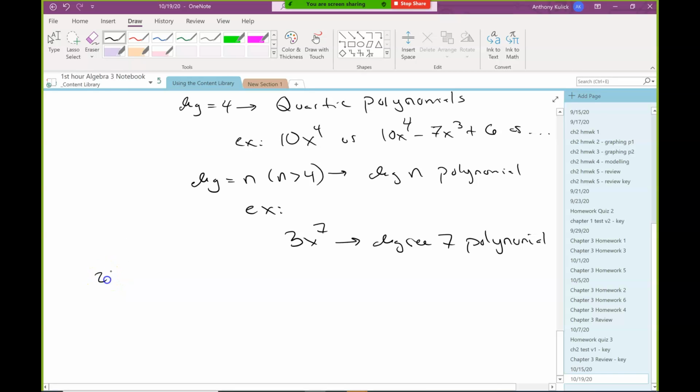The second way we classify our polynomials is by the number of terms. So if there's one term, we just call that a monomial.